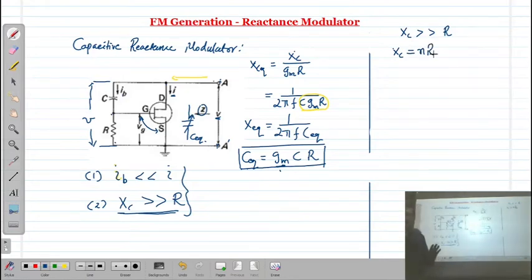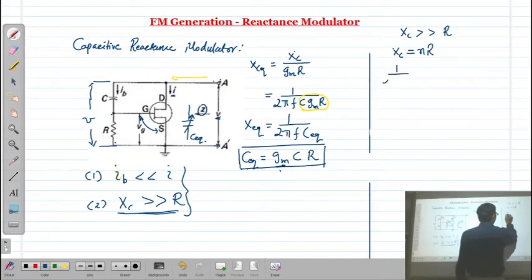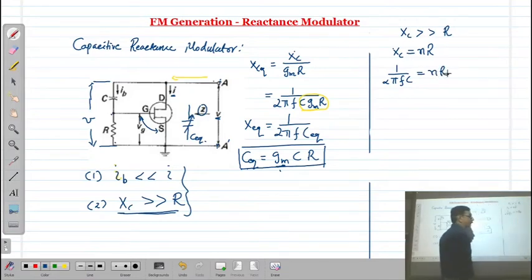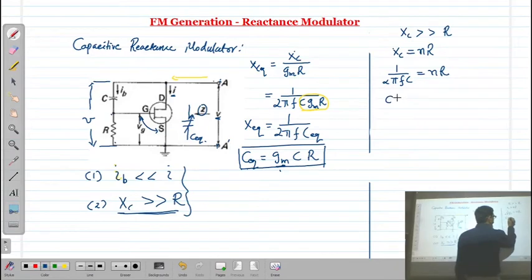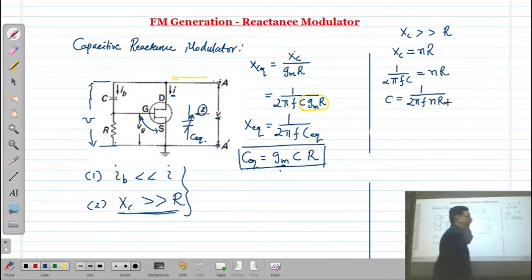I already mentioned that it will be 5 to 10 times higher than the resistance. So let us say Xc is equal to n into R. Now, this Xc is 1 upon 2 pi Fc, equal to n into R. Then, what is the value of C? C will be equal to 1 upon 2 pi F n R.